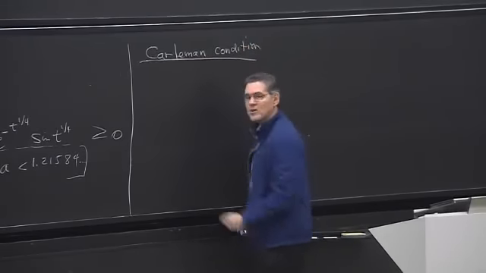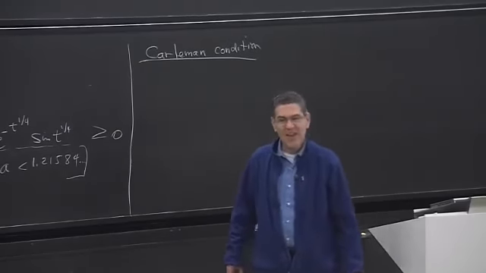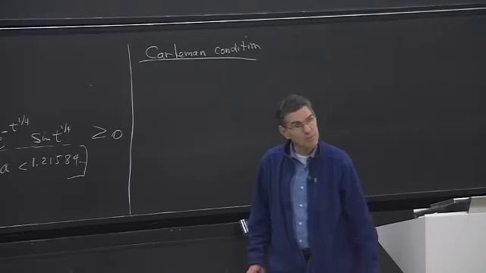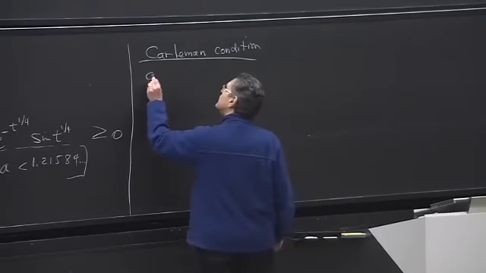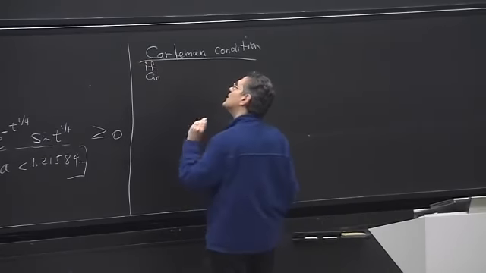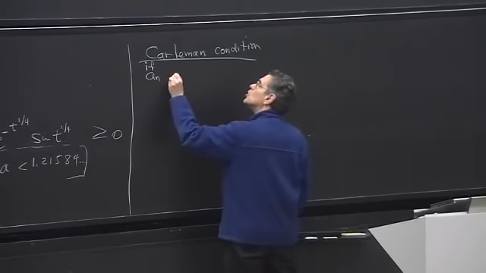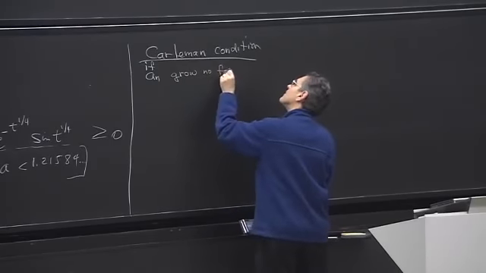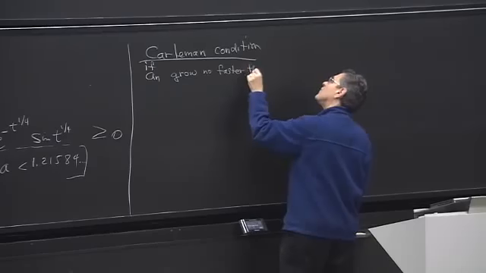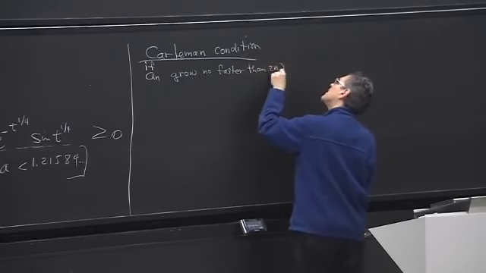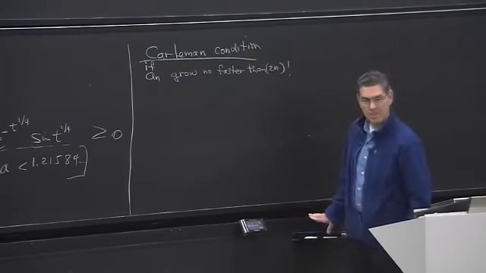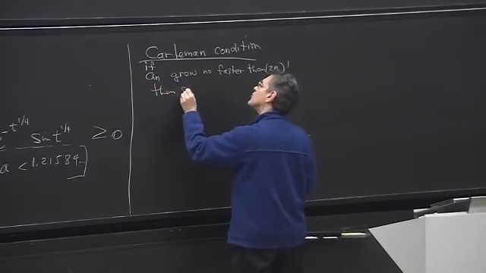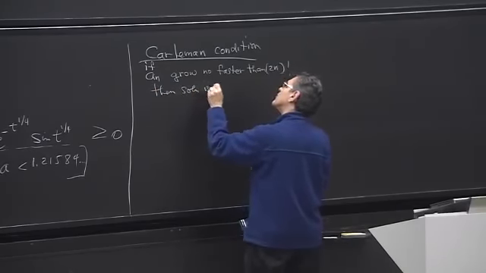Okay, Mr. Karleman found a partial answer to the problem, and it's very simple. If A sub n grow no faster than 2n factorial, then the solution is unique.